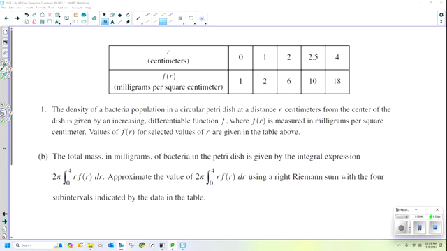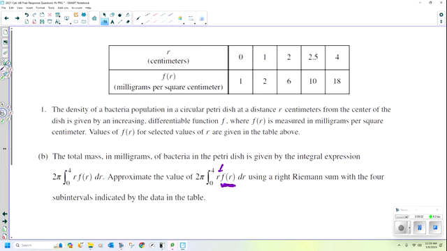Now, here's where my students would crumble. Some of them would freak out just a little bit, even the smart ones, because anytime we do a right Riemann sum, we just have the function here. We don't have times this other variable.